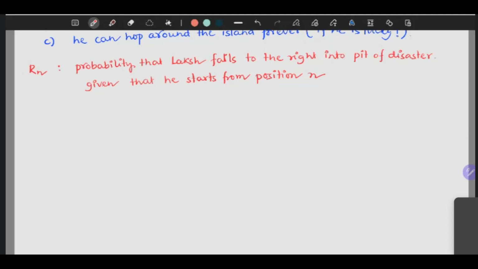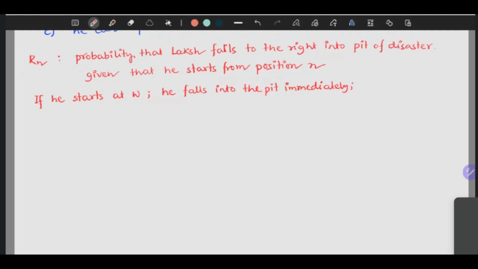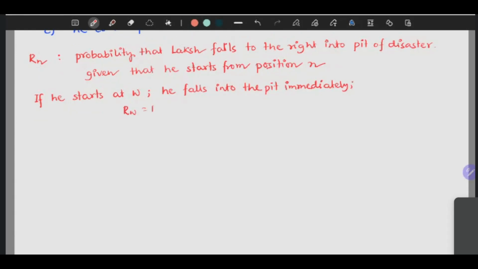So if he starts at W, he falls into the pit immediately, because he is at that position. So R_W is equal to 1.